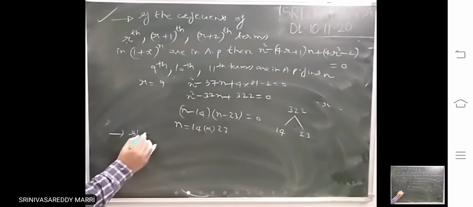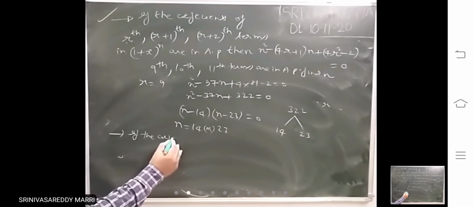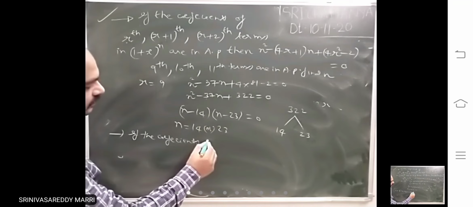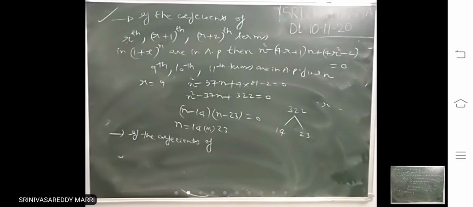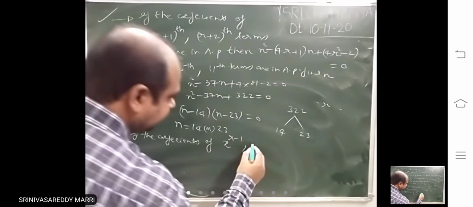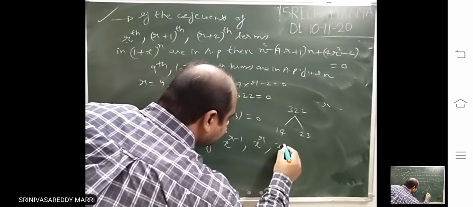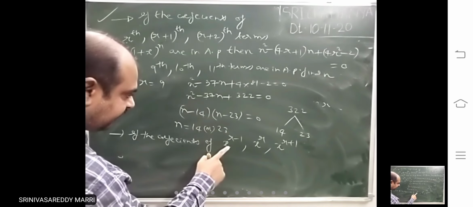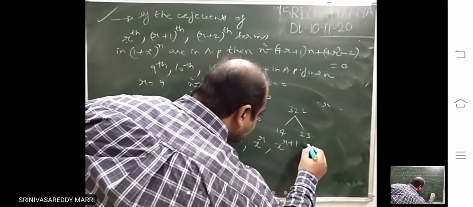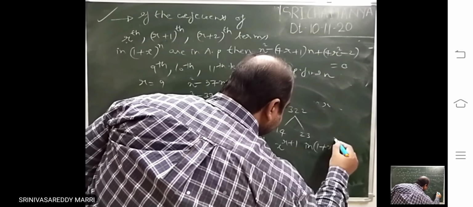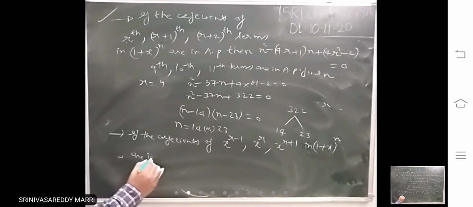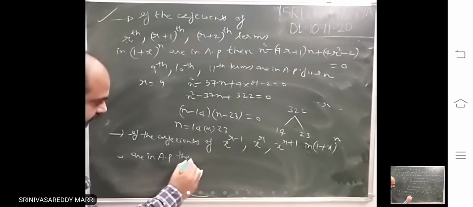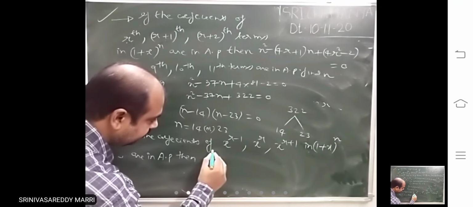Another formula is there. Look at it. If the coefficients of x power r minus 1, x power r, x power r plus 1 in (1 plus x) whole power n are in AP, then the formula is the same.